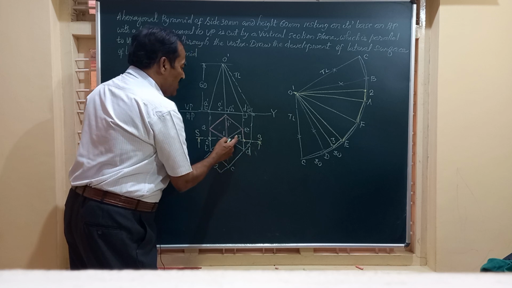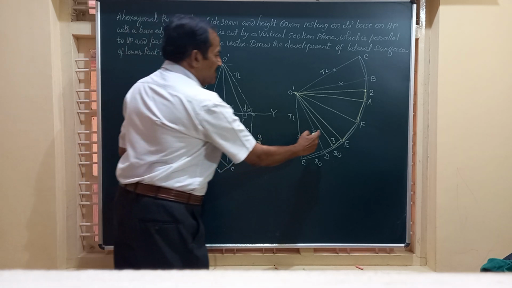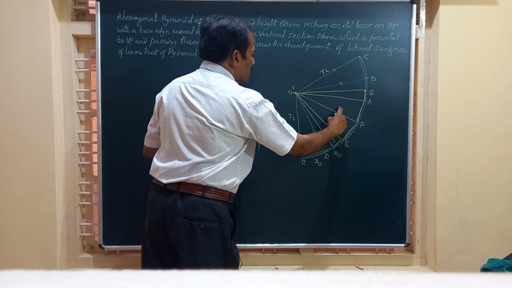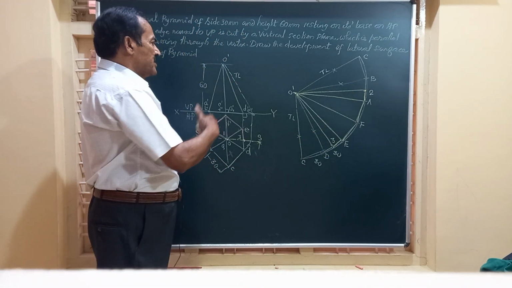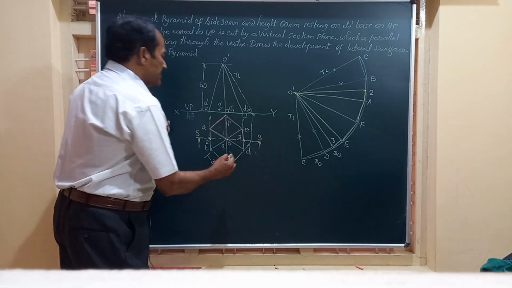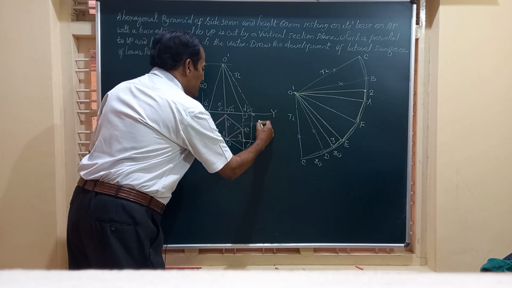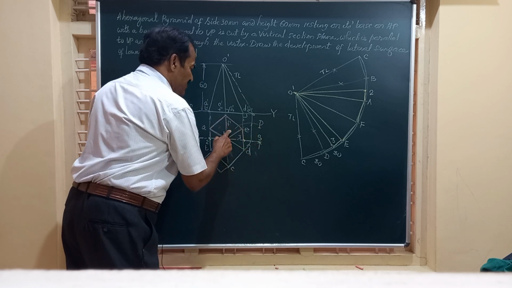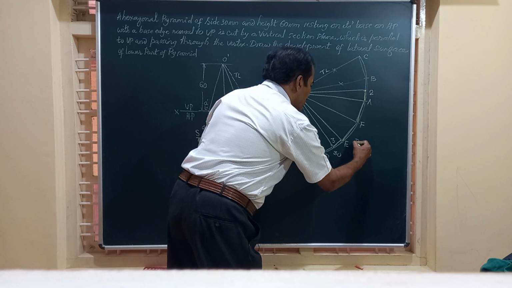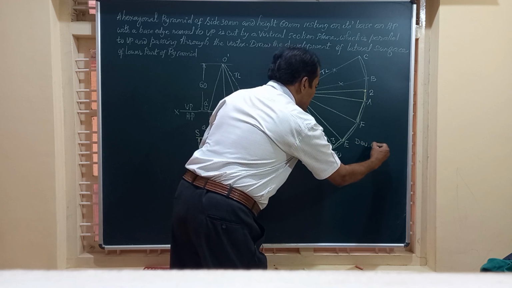So you should have only a half triangle, a half triangle. This is a half triangle and this is a half triangle, and these are 2 full triangles. So whatever solution we have got, that is the development of this part P. If we call this part P, this figure will give you the development of P.